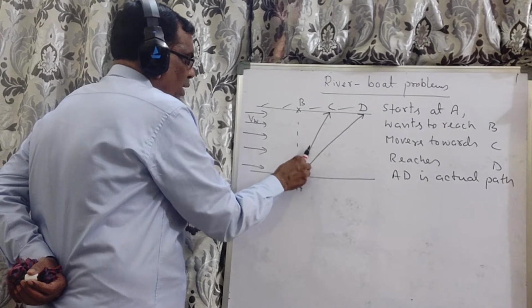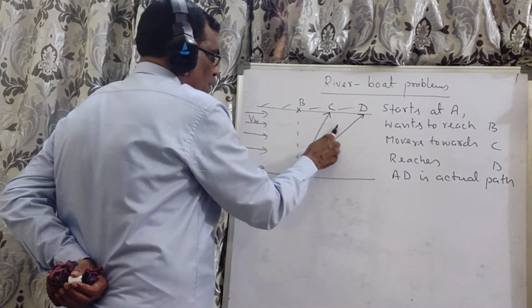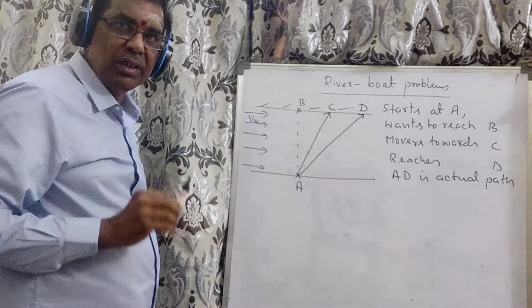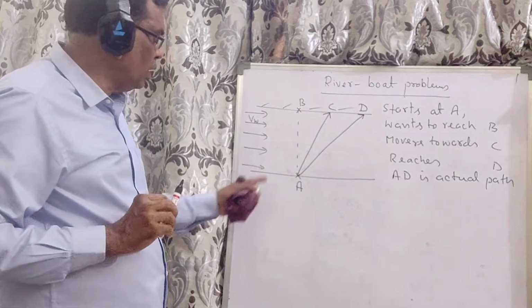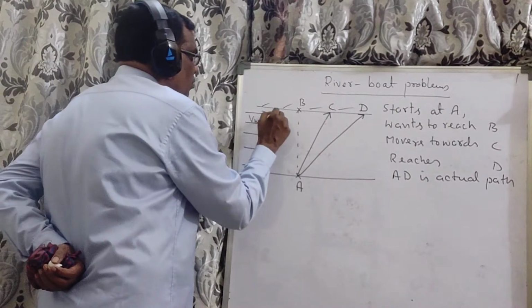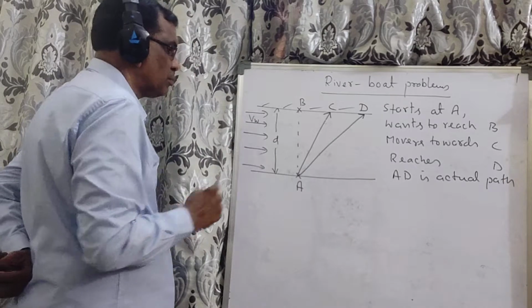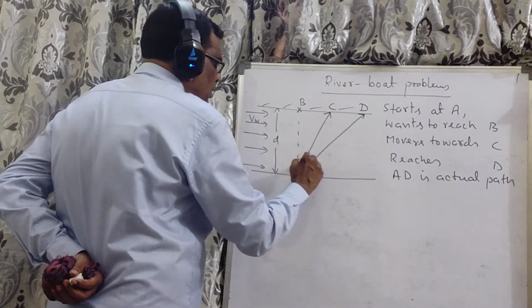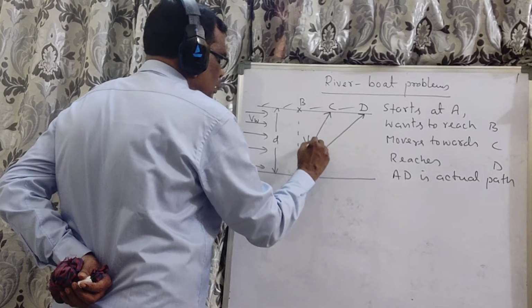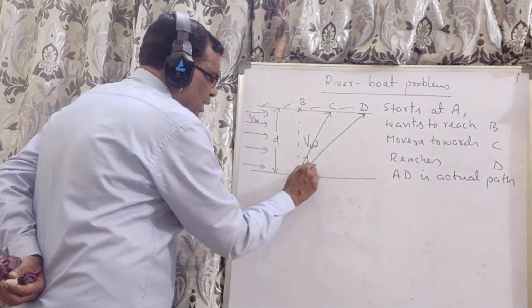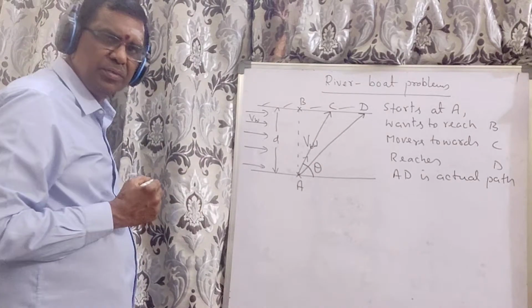Look, when he moves, he will be pushed like this, but this is always parallel to the flow. Remember that, okay? Now the width of this river is D. Let this person go with VBW at a general angle theta.